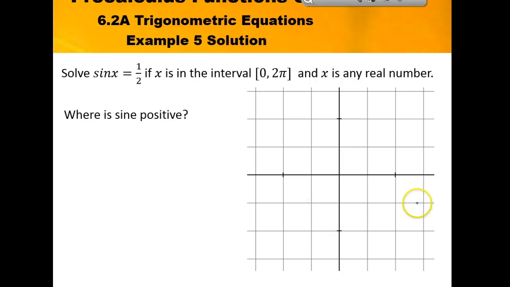So we remember that sine is opposite over hypotenuse. And we know that sine is positive, so I have this little key to remember: the sine is positive in quadrants 1 and 2.